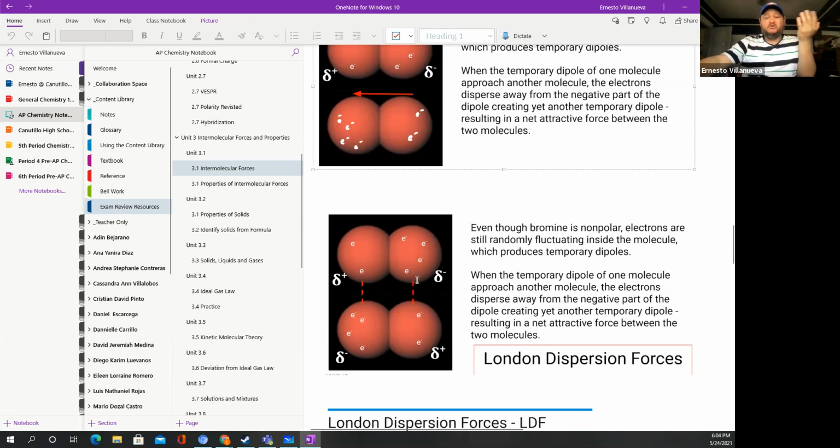This weak interaction between two nonpolar molecules is called London dispersion forces. Even though bromine is nonpolar, electrons still move around, and when they end up in a random position where they're shifted to one side or another, you do create those interactions. London dispersion forces happen between nonpolar molecules.